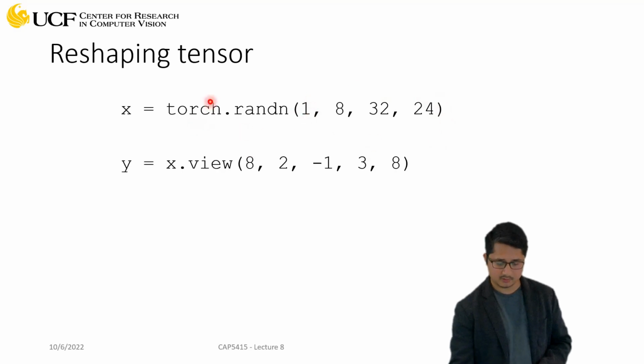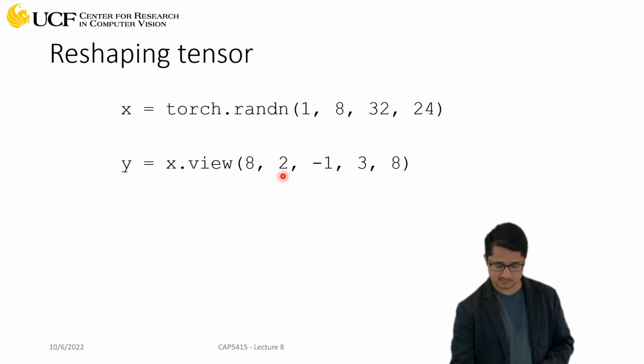And then I want to reshape this matrix and store that in a different variable, which is y. You know that we can use the tensor.view operation for that. So if I do this, what will be the shape of the resultant matrix y?